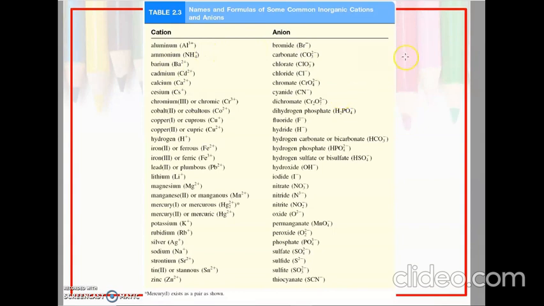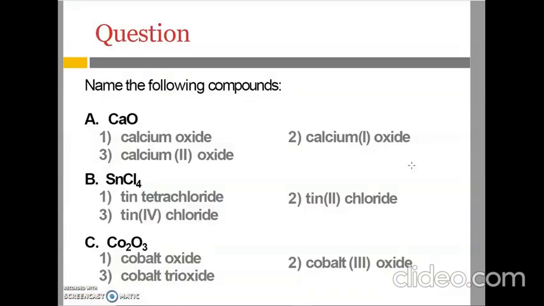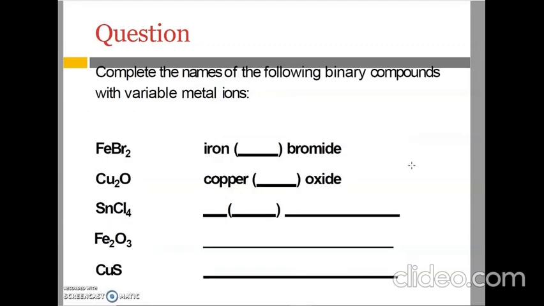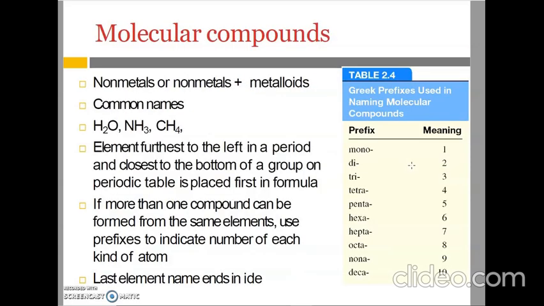You can look by yourself, and you can memorize some of these elements and ion names. These are questions. Name the following compounds. You can try by yourself first and then discuss with your lecturer later. The same as this one.